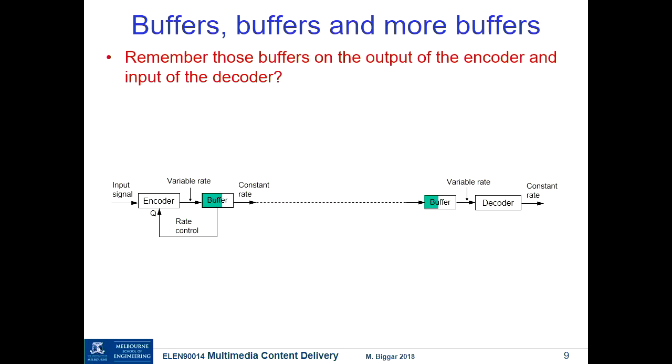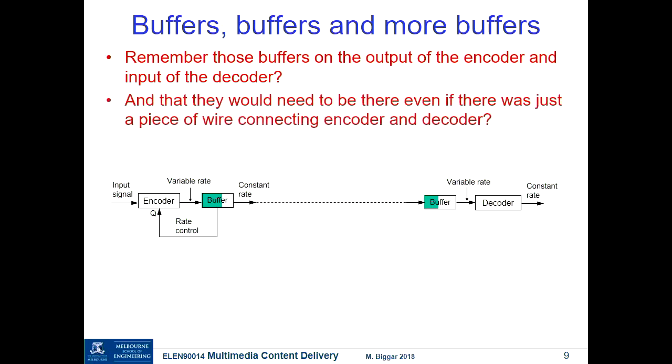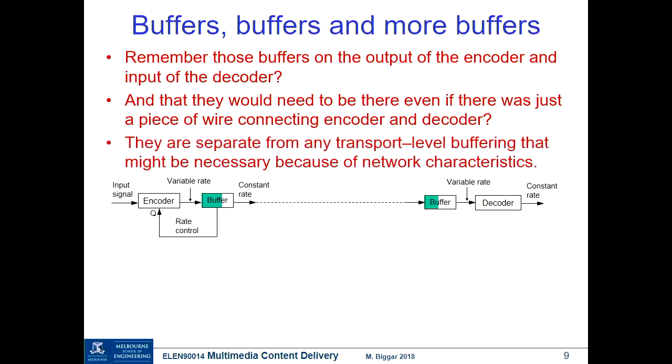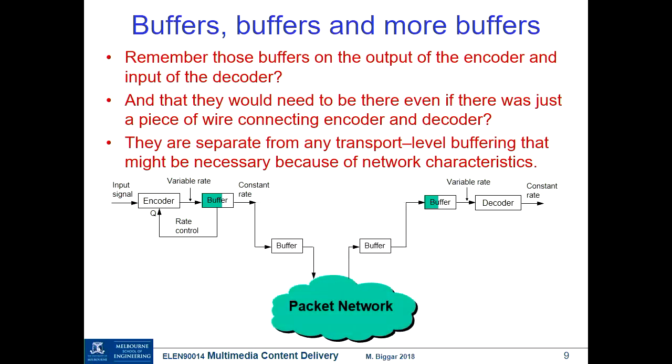We already have those buffers on the output of the encoder and the input of the decoder, as I've said, but now we're adding an extra layer, if you like, to accommodate the transport. So we might need buffers here to do the packetization, right?